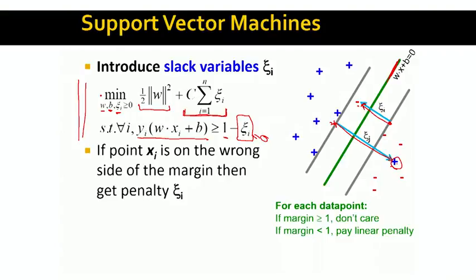If we take a data point x_i and it is on the wrong side of the classification margin, then we incur some penalty for misclassifying it. This optimization that we have set up so far is called the SVM with soft constraints. Why soft constraints? Because now we can also allow for misclassifications.